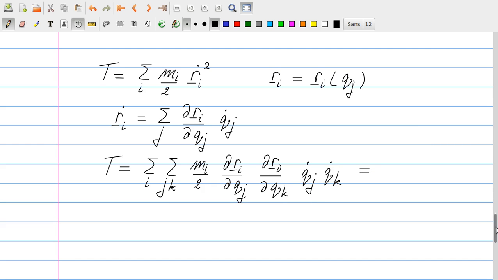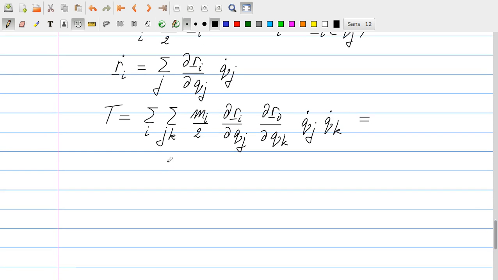And so we can write this in the form half, and then sum over j and k, M_jk, q_j dot, q_k dot. Well, we have lumped quite some terms into this M, so let me specify what M_jk is.